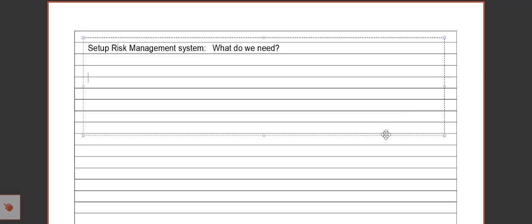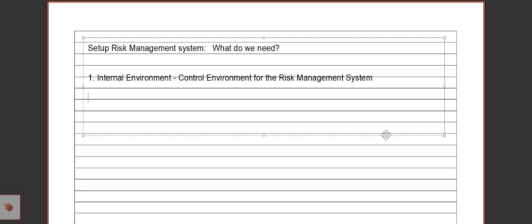Now, the first part that we usually need to take into account is the internal environment. Or you can call it the control environment for the risk management system.